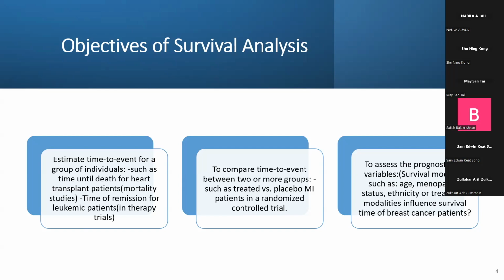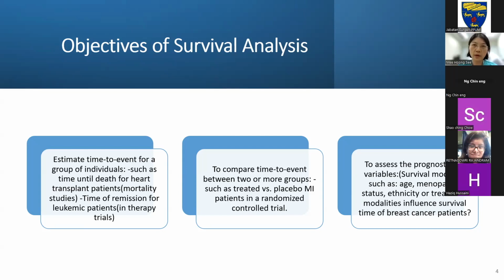We can do it on one group and also on two groups. With two groups, sometimes you are using a drug, like an oncological drug, for example Avastin treatment for this disease. So how soon does the patient develop problems, or die from the disease itself on top of the treatment? We want to see whether with the drug they survive longer compared to placebo or standard of care. We use survival analysis to find out.